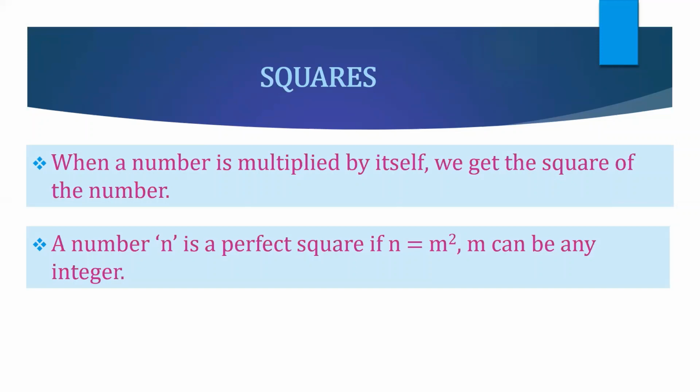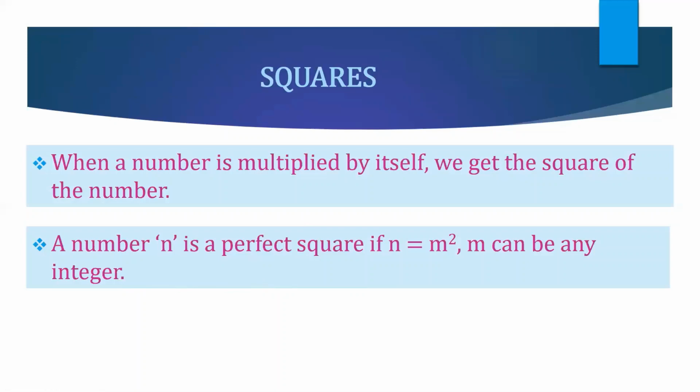So a number n is a perfect square if n is equal to m square and m can be any integer. Here, this is very important that m can be any integer, because the example I gave all were positive numbers. But you know that -1 into -1 is 1.